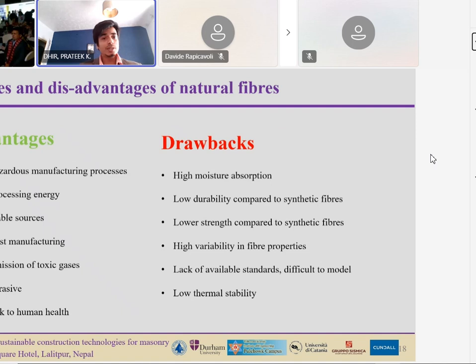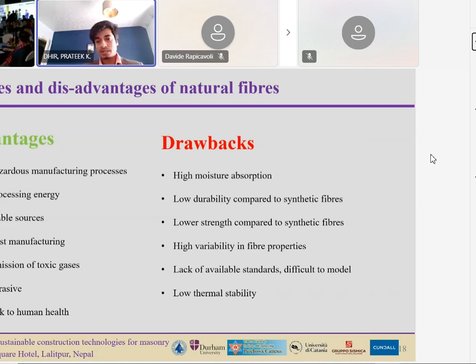So there are different advantages and disadvantages that we can outline for the natural fibers. Definitely, they are environment friendly, with low emission and low cost in manufacturing. But talking about the drawbacks, which we really need to be worried about: we have high water absorption because these are organic materials.